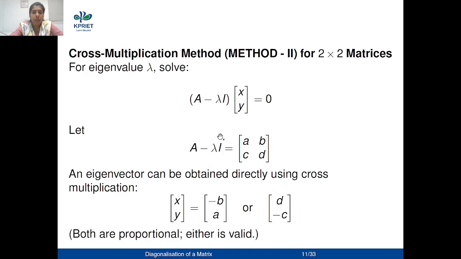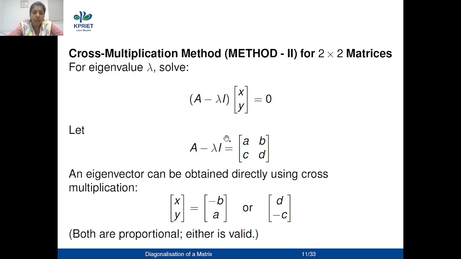So here I am going to consider another methodology, where I am going to find the eigenvectors using the cross multiplication method. Previously I used the null space method. The same eigenvectors can be found by using this other methodology called the cross multiplication method.